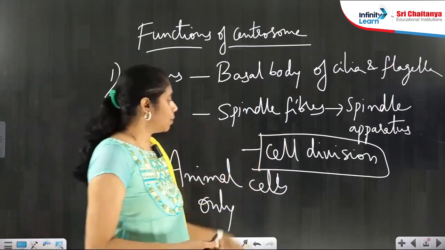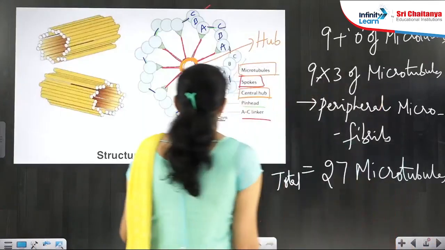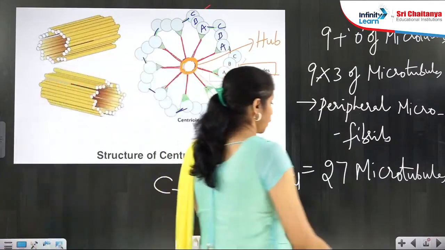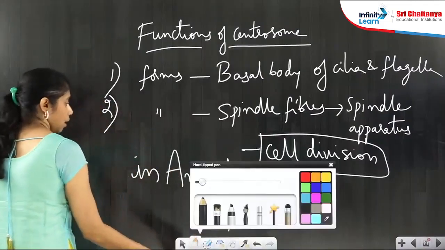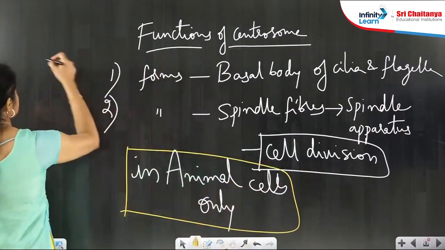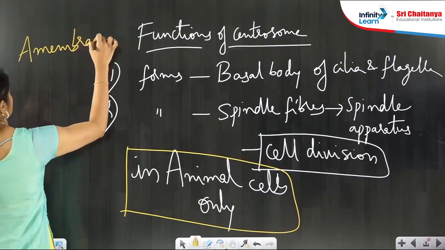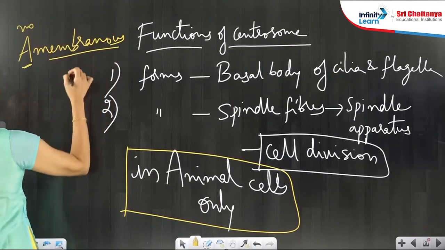And does it have any membrane? You can see that in the earlier one. This is a non-membranous cell organelle. That point is also important. Present in animal cells only, and it is amembranous. No membrane.